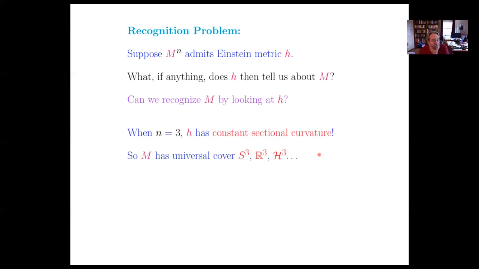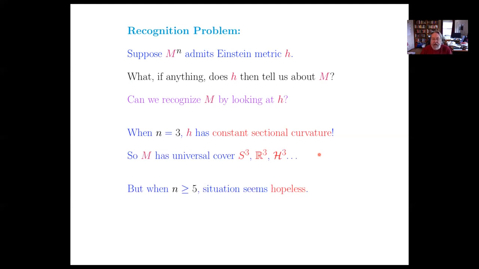If you have a compact manifold with constant sectional curvature in dimension 3, its universal cover would have to be the standard 3-sphere or Euclidean 3-space or hyperbolic 3-space, maybe after multiplying the standard metric by a constant.